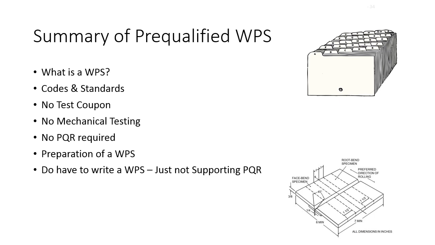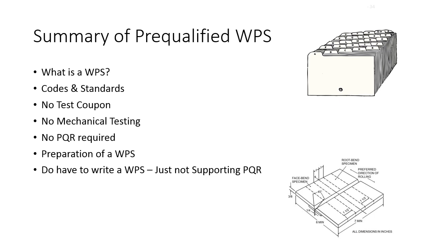Some codes and standards allow you to use a pre-qualified WPS, and we pretty much talked about AWS D1.1 being the one that we're worried about. There are no test coupons, no mechanical testing and no PQR required for a pre-qualified WPS. This is the advantage of using a pre-qualified WPS.